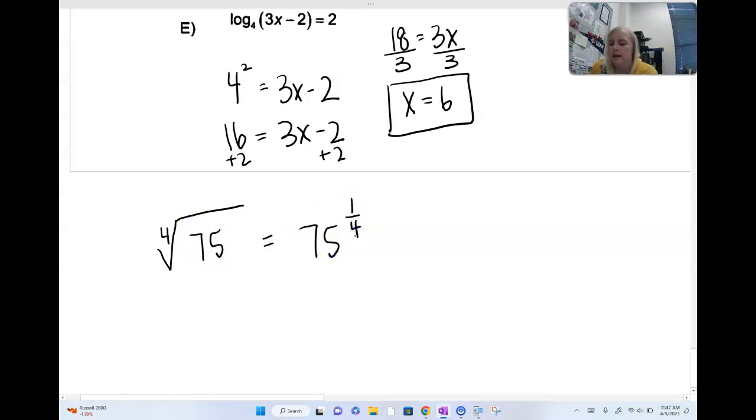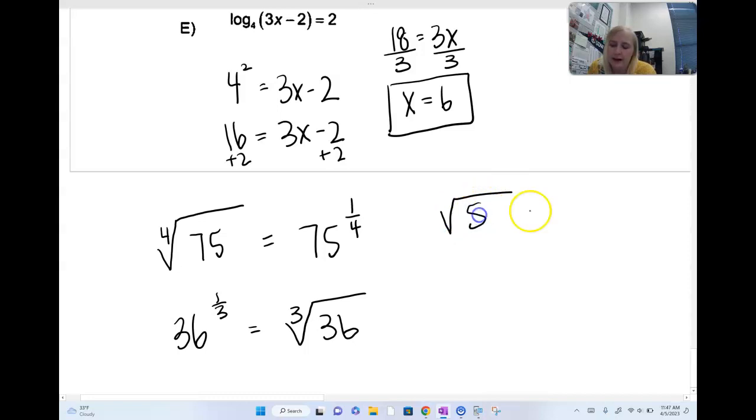Okay. If you had 36 to the 1/3, that would be the same as cube root of 36. And then if you have a square root, so let's say you have the square root of 5, that's going to be 5 to the 1/2.